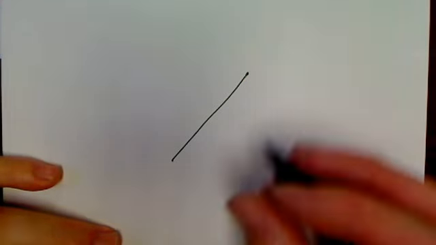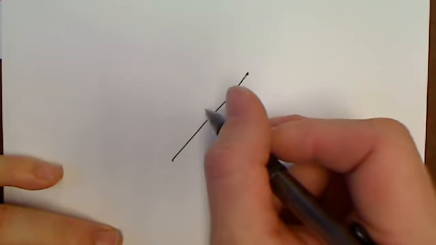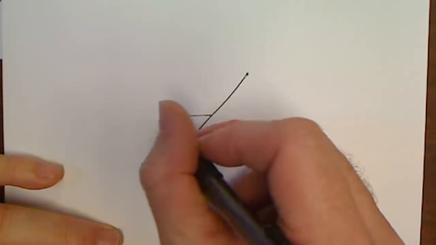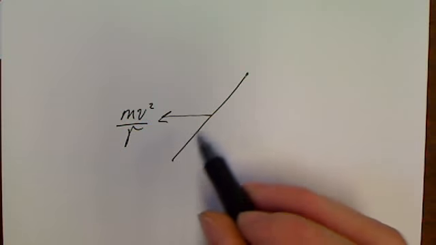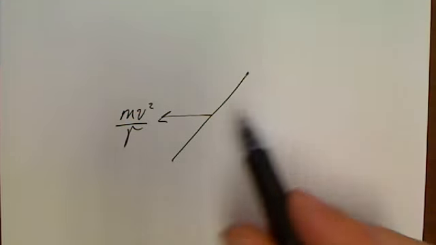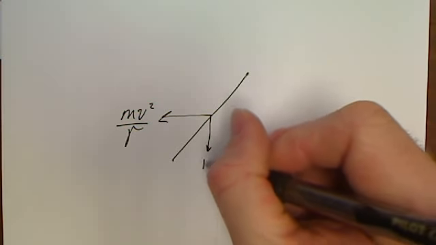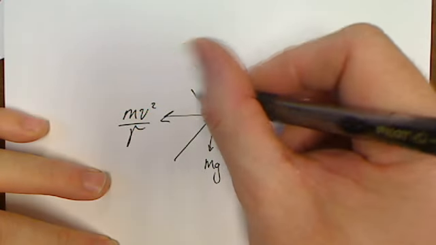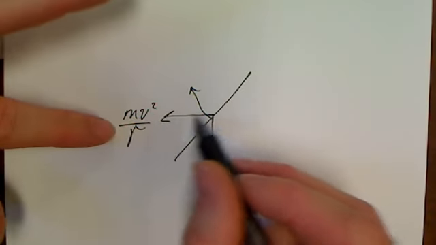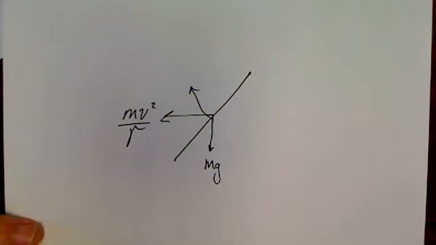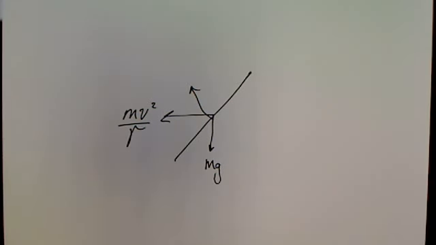The whole reason for banking the turns is to keep the cars on the road. So in this case, you can bank, and that banking will actually provide an mv squared over r. This is a pretty tricky little problem to work because you've got your mg going down, you've got a normal force that's actually up like this. So you've got to find a component. And I'm going to work that one, so I'm not going to go into it too much.